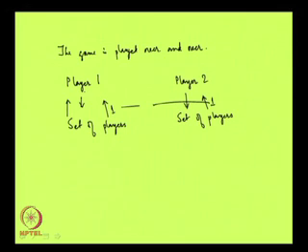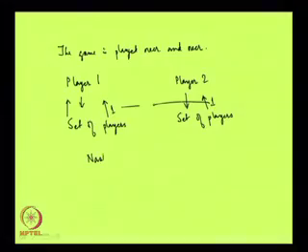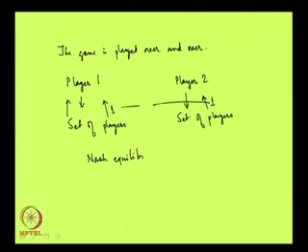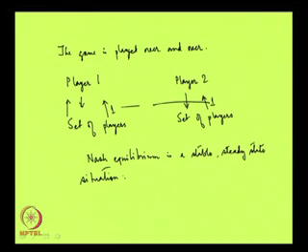Otherwise, if A is not optimal with respect to B, in the next play of the game, the player who is responsible for A's action will change his action, because that is not optimal given that the other player is playing B. So, that is why we say that Nash equilibrium is a stable steady state situation, given that the same pair of actions is being played over and over again.